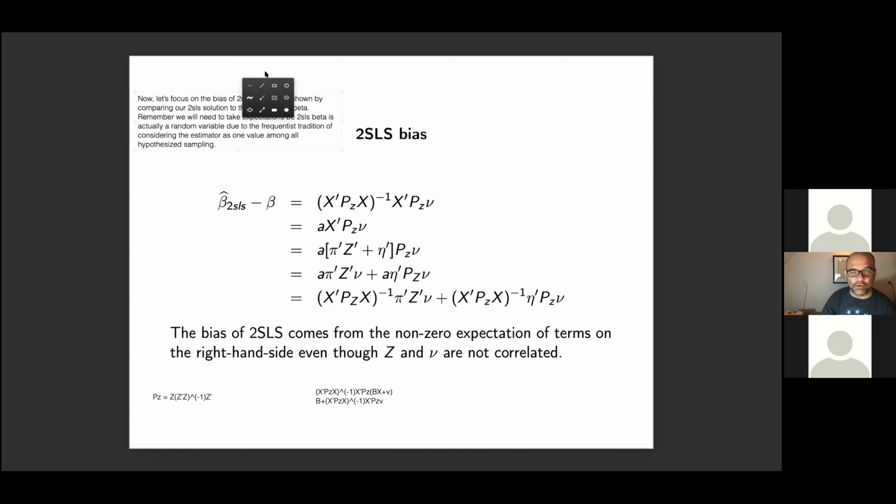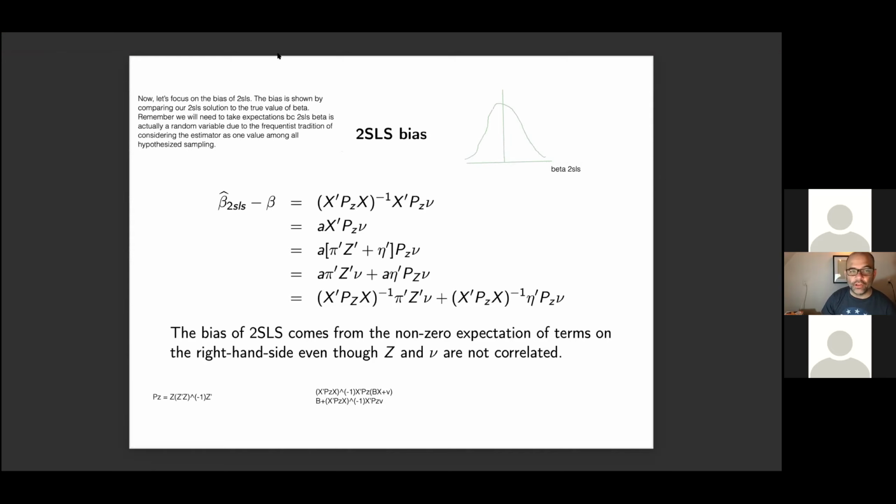So basically right now what we have is this, and this right here is beta two-stage least squares.